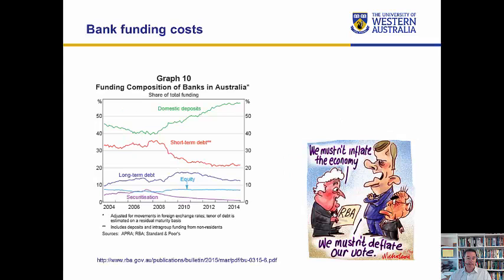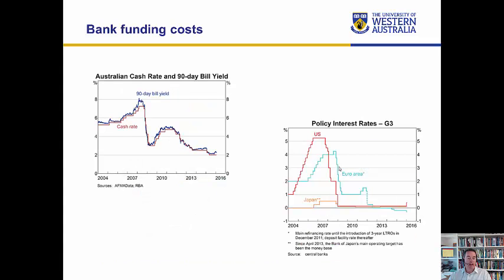Okay, the next thing, looking at the funding composition of banks in Australia, is that we're trying to gain an understanding of how a change in the cash rate flows through financial markets and forces banks to change their mortgage interest rates.